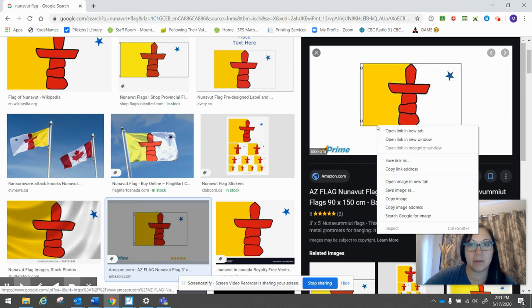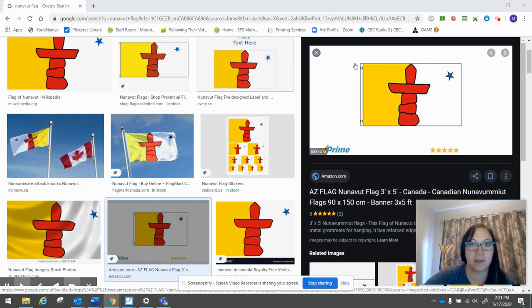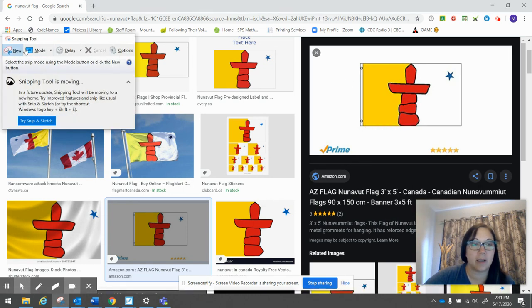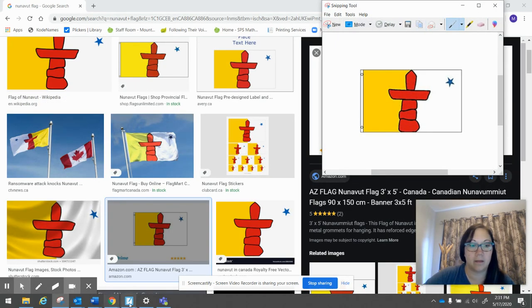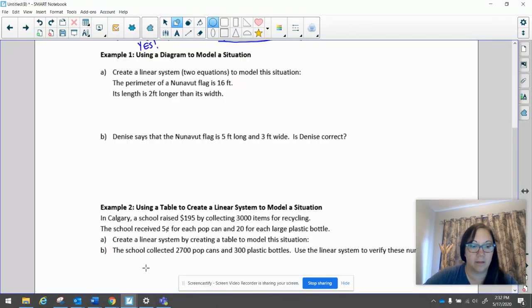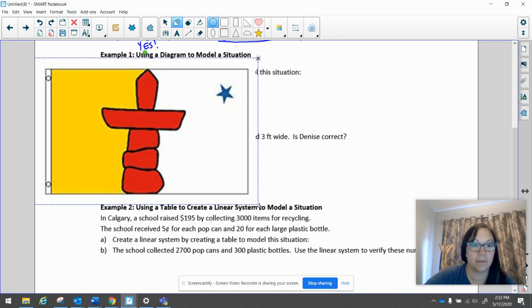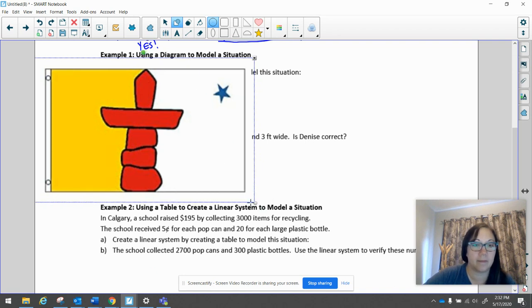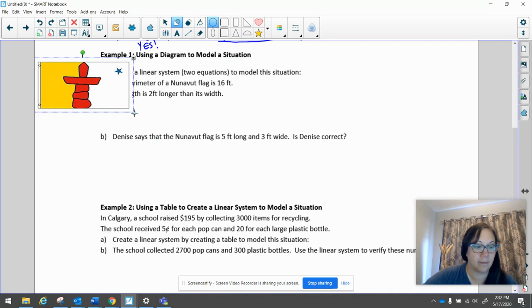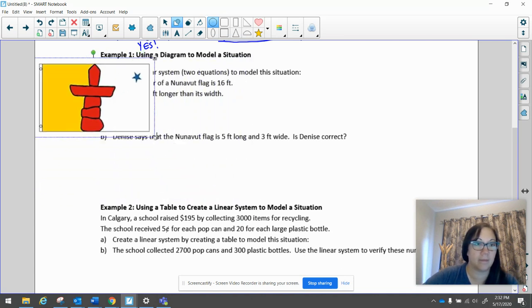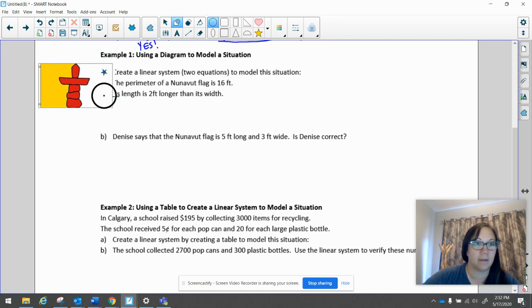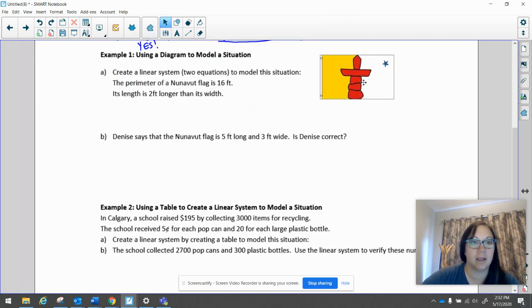Something like this will work just fine. I'm actually just going to snip this out real quick and we'll pop it into our assignment.